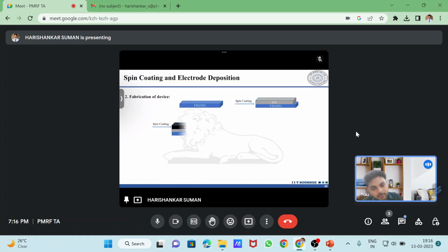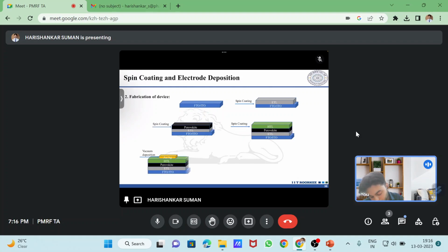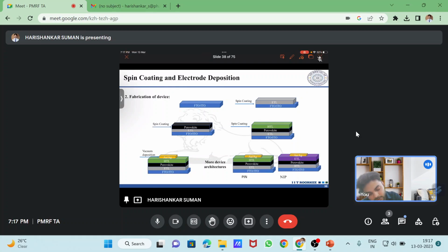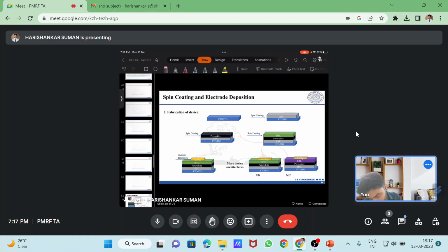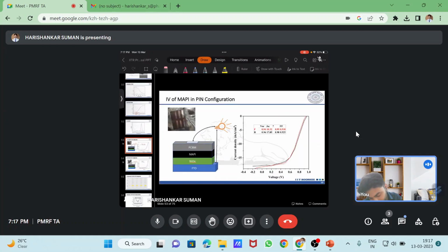ETL coating, then perovskite coating, then HTL coating, then deposition of HTL, meaning hole transport layer. ETL means electron transport layer. This is an NIP configuration, and here are the materials.